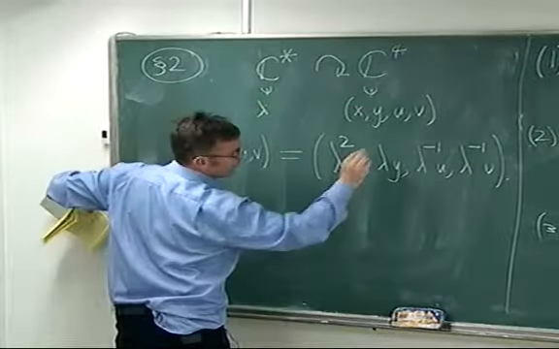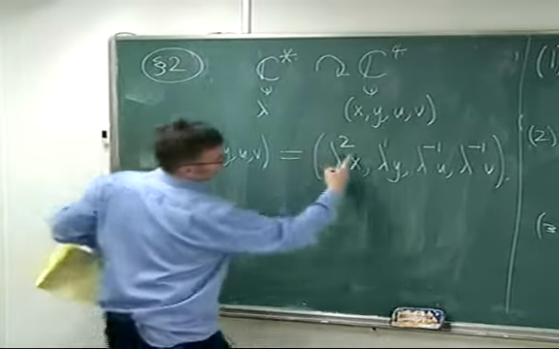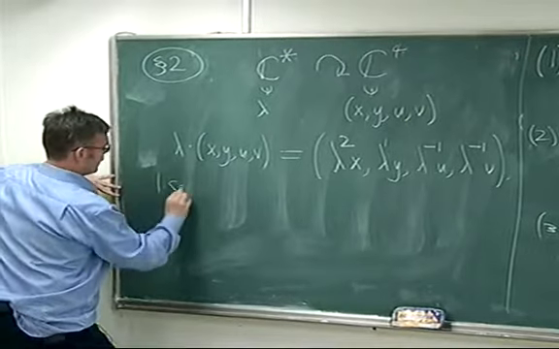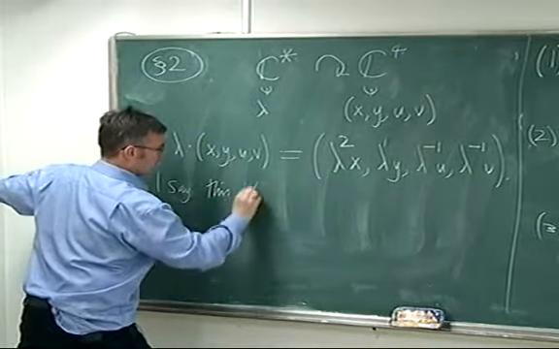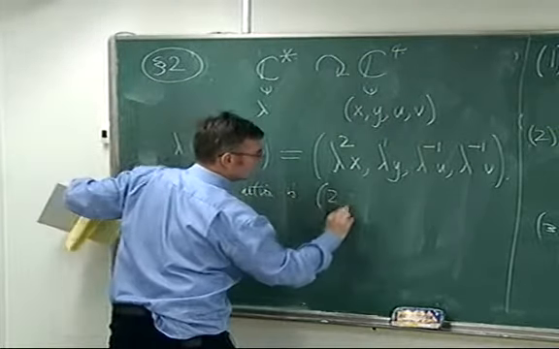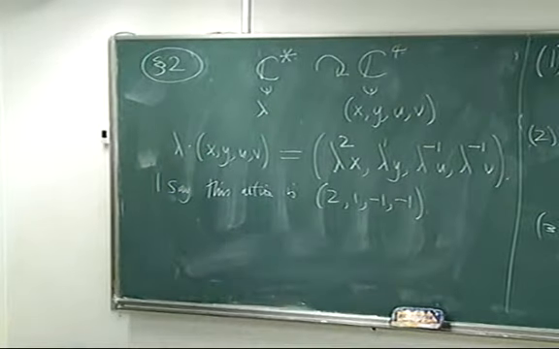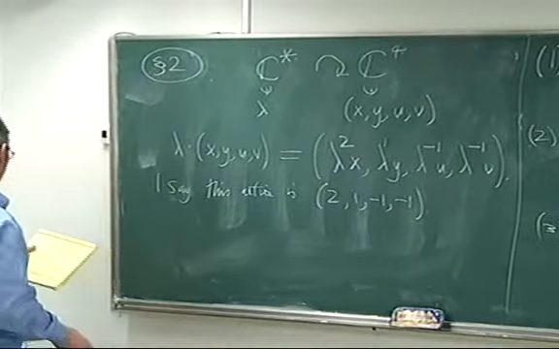So if you like, there's a kind of power of 1 there, lambda to the 1, and I'm just going to use these exponents as a shorthand. So I say this action is 2, 1, minus 1, minus 1. That's just the exponents, and it's just to make writing this thing sort of more quick.